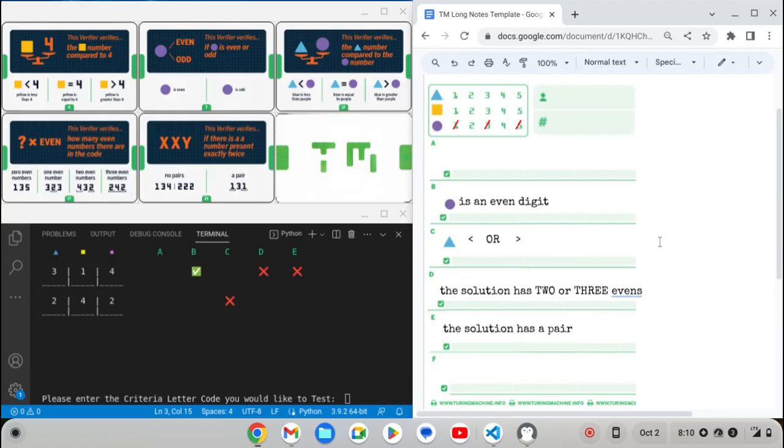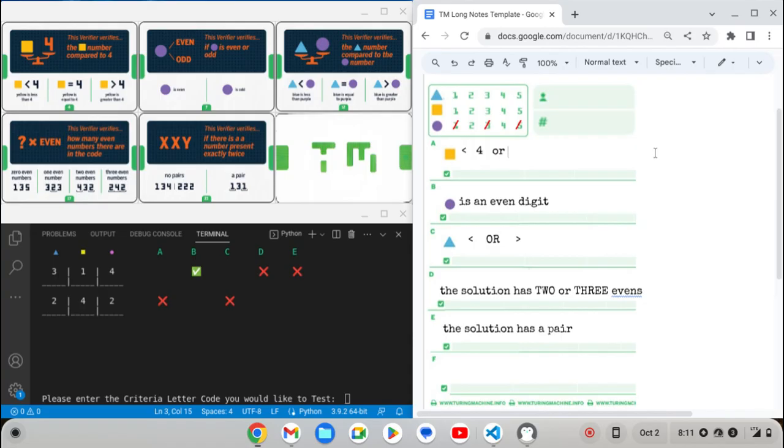So let me go ahead. I'm hoping that square will be 4, but I'm not sure. So let's go ahead and test criteria card A. It is not 4. Okay, wow. Well, now we're really... let's see. So we have, again, square is either less than 4 or greater than 4.